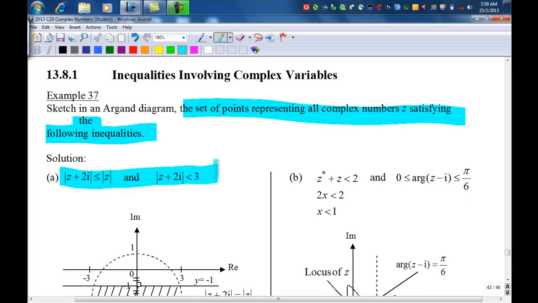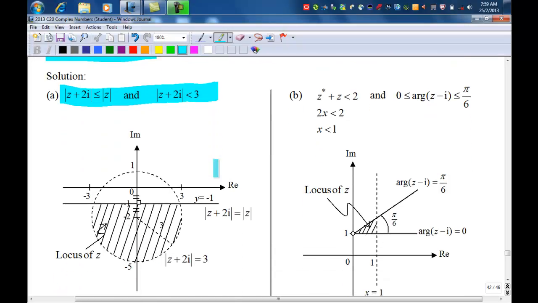Now we just drew both of these, the two loci earlier, and this is a nicer diagram, of course. You can see the first one, which is everything below this line. Everything below this line. Now the second one is everything inside this circle.